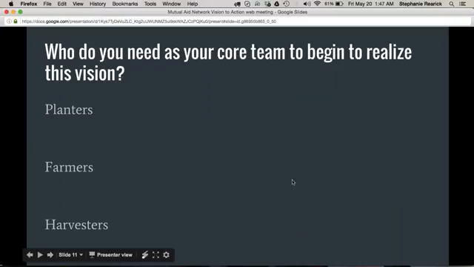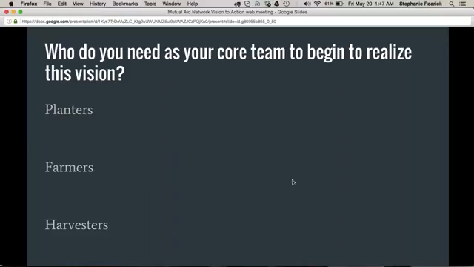Once you have the kernel of your vision, you need to start looking at how that will shape how you flesh out your core team. I threw an idea in here that I really want to share because it's been really helpful to me over time in doing a lot of community projects.